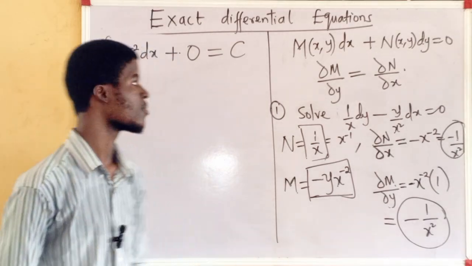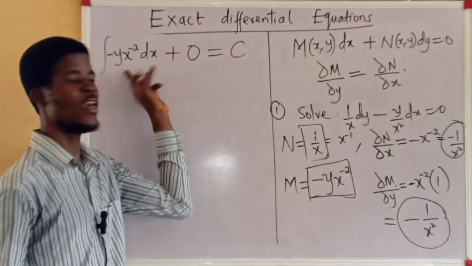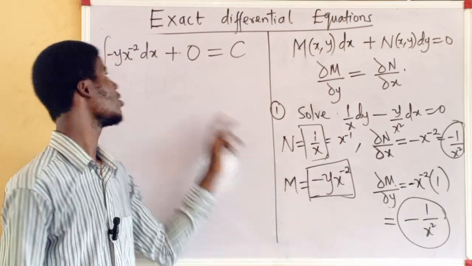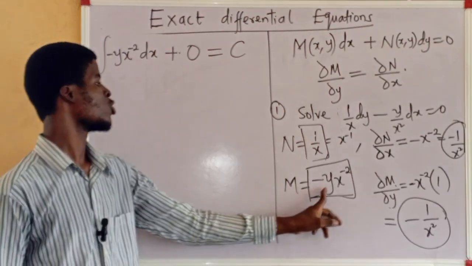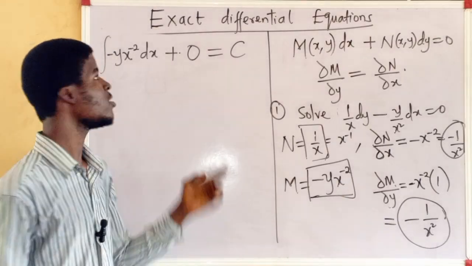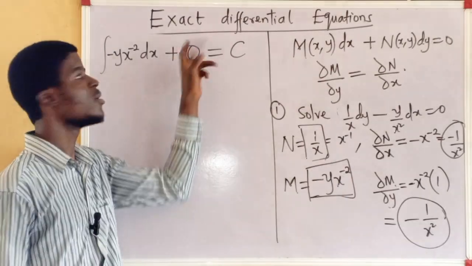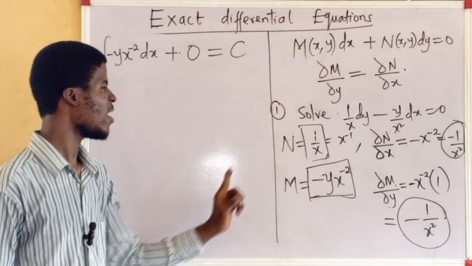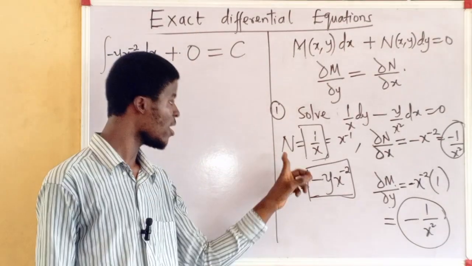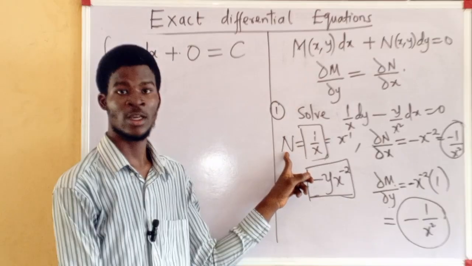The first thing, integrate n with respect to x. All right, this is it, the integral of minus y x to the power of minus 2 dx. The second thing is plus, we now integrate with respect to y only the terms of n which do not contain x.